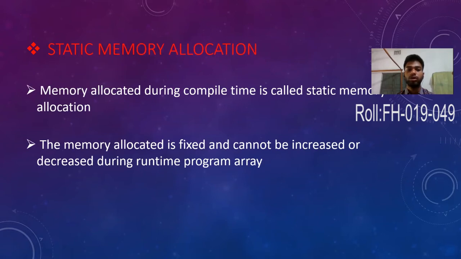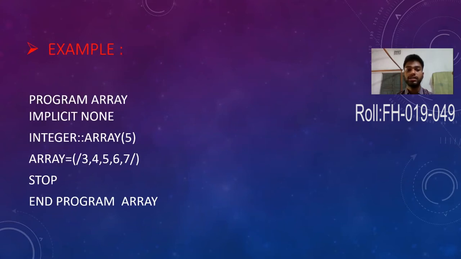The memory allocated is fixed and cannot be increased or decreased during runtime. If we run the program, obviously the memory which has been allocated at compile time is fixed and cannot be increased or decreased.